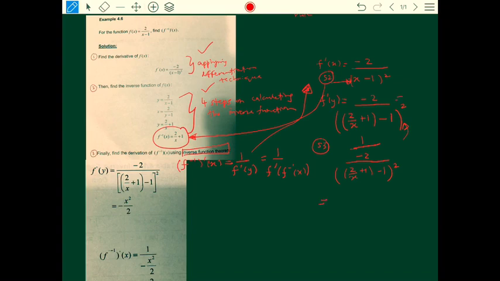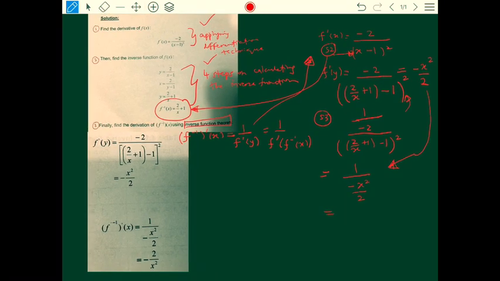Actually you can settle this down first. If you simplify it, it becomes negative x squared over 2. So it is 1 over negative x squared over 2, and your final answer will become negative 2 over x squared.